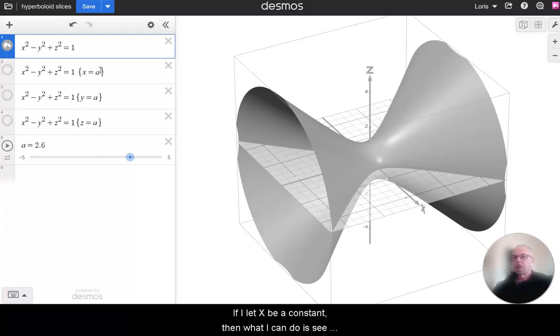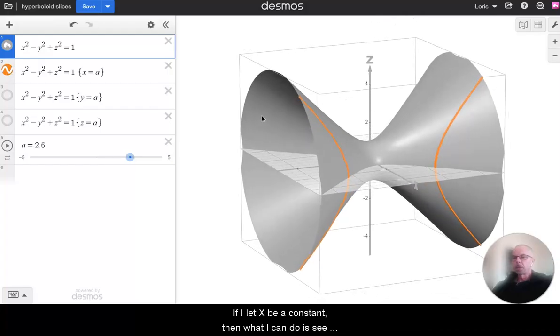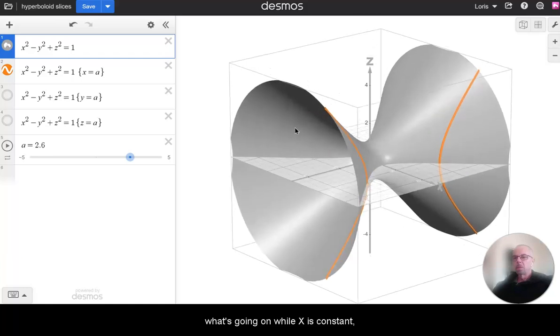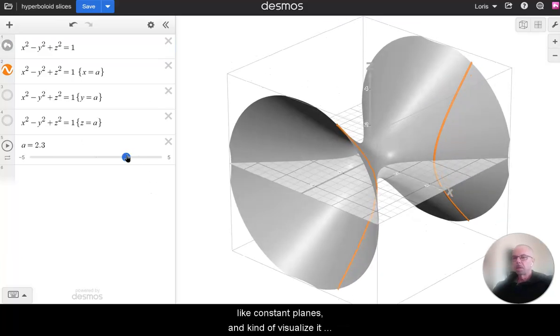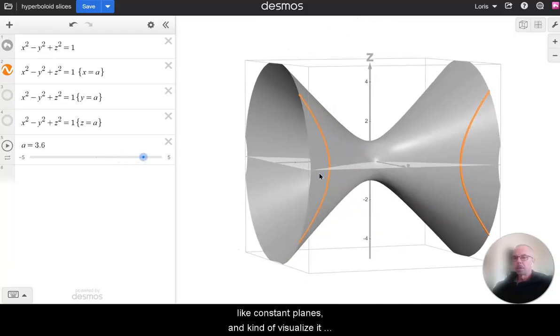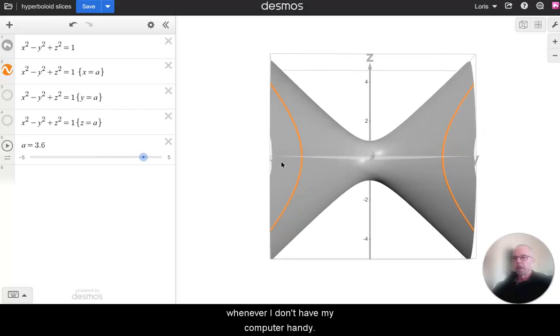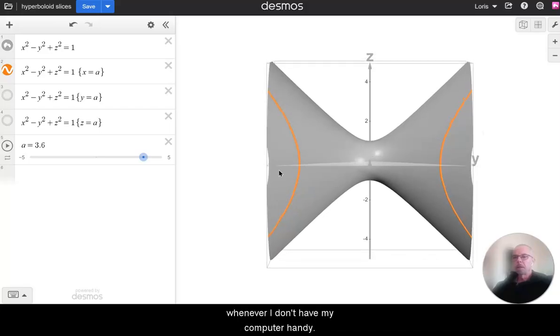If I let x be a constant, then I can see what's going on while x is constant, like constant planes, and visualize it whenever I don't have my computer handy.